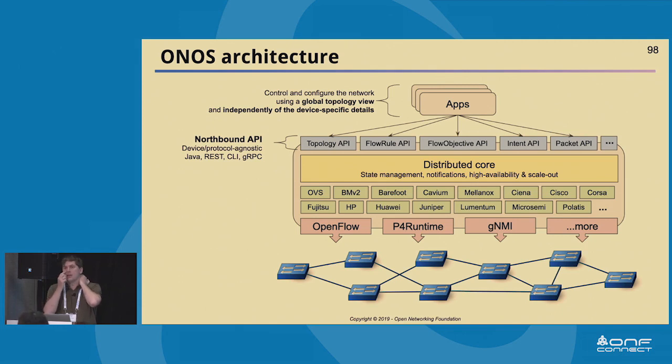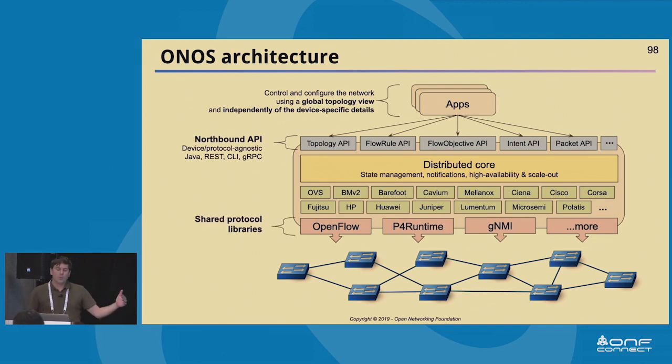This northbound API offers services, for example, to get the current topology, to program the network using, for example, flow rules, to receive packet-ins, to send packet-outs, etc. ONOS is written in Java, something I didn't mention. So the first place to look for this API is the corresponding Java interfaces defined by ONOS. But we also provide a way to access this API through REST, CLI, and in some parts also using gRPC.